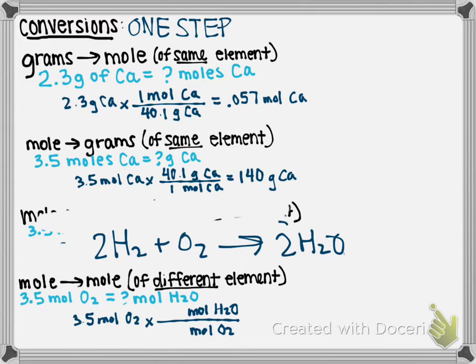If you look in the balanced equation, the coefficient in front of H2O is 2, so a 2 is going to go right there, and in front of the O2 there's no coefficient, which means that would be a 1. So 2 to 1. You would go 3.5 times 2 divided by 1, and that is 7.0. Your unit is mole H2O.